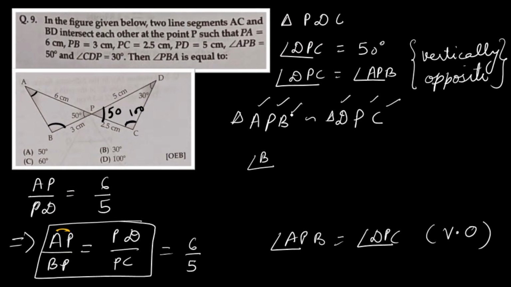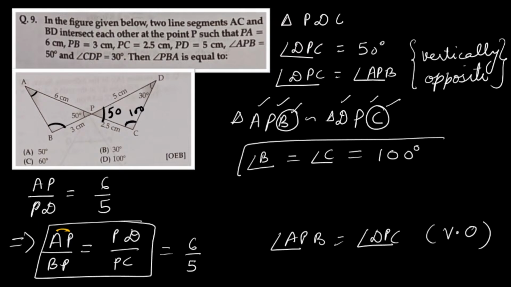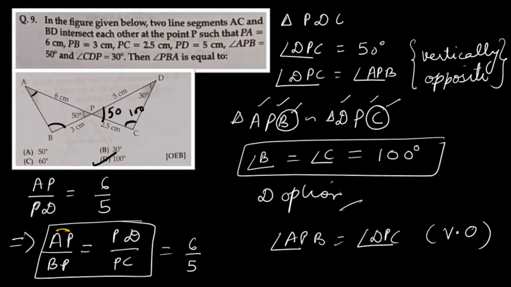B is corresponding to C, and corresponding angles are equal. Angle C's value we already know, it is 100 degree. So B is also equal to 100 degree. So option D.